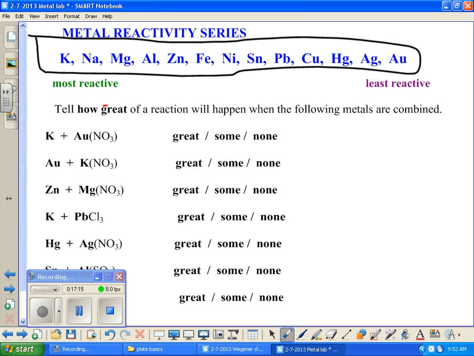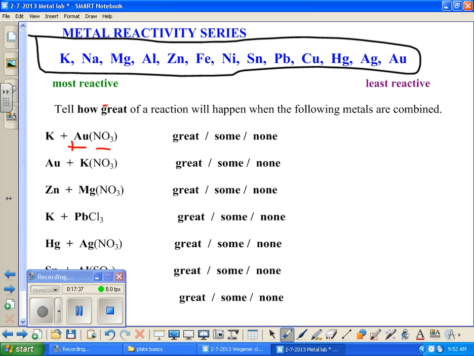And in this first case, who has the partner to start with? AU. AU has the partner to start with. In comes K. Here comes Carl. Is he really more reactive?